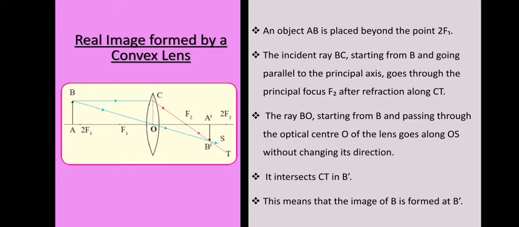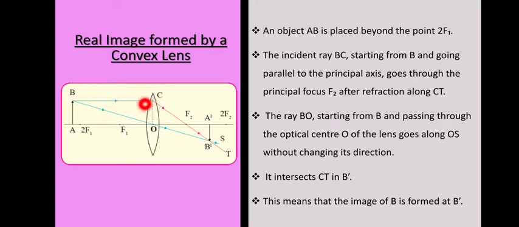Now, you see that an object AB is placed at point 2F1. This is the point where the object is placed. Now, the incident ray BC is starting from point B and going parallel to the principal axis. Correct? This is your principal axis.